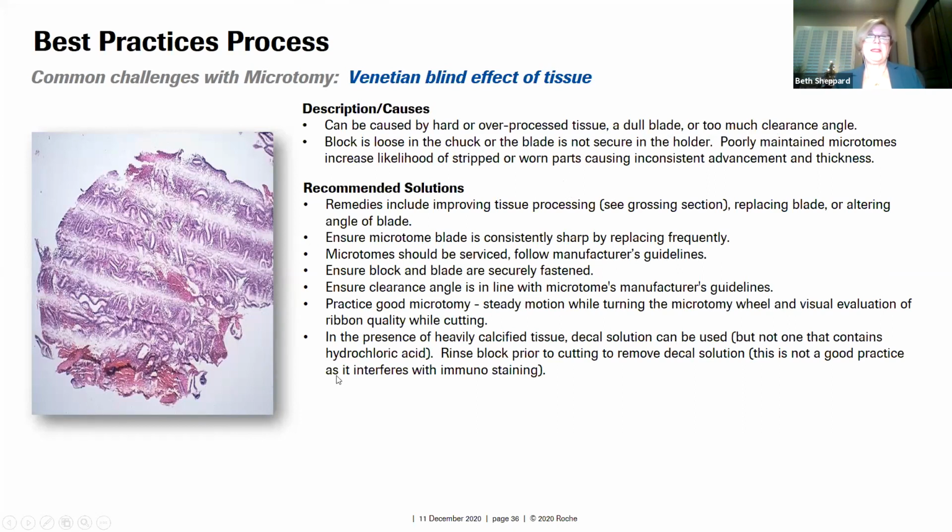There are many remedies here, but we want to make sure that your block and your blade are securely fastened, that good microtomy is a steady motion while turning the microtomy wheel, and, if there is any calcified tissue, that a decal solution can be used, but making sure that it's one that does not contain hydrochloric acid, because once again, you're going to degrade the tissue.